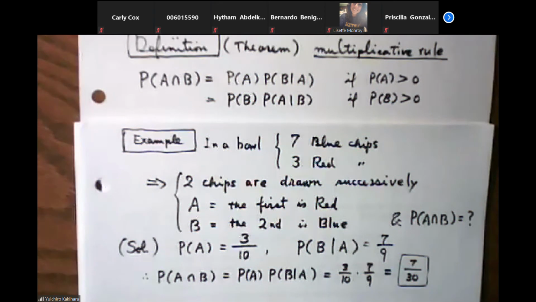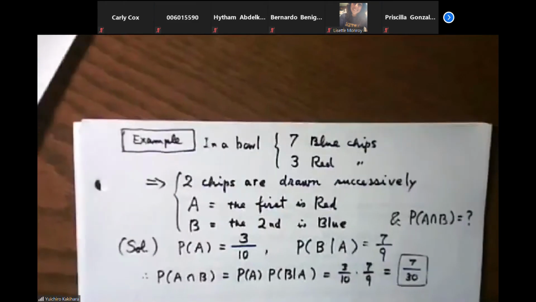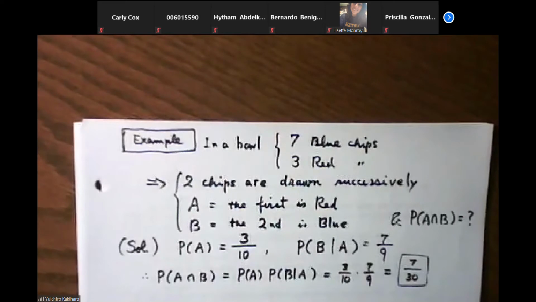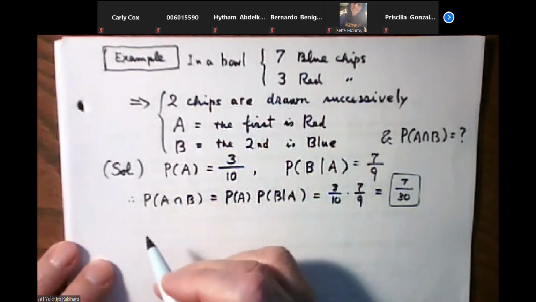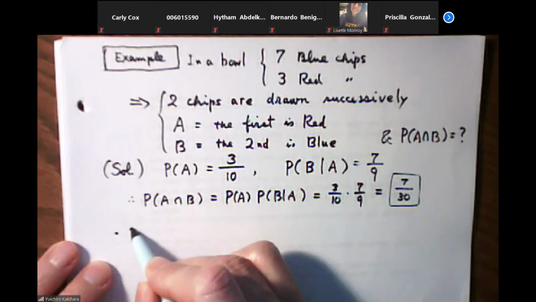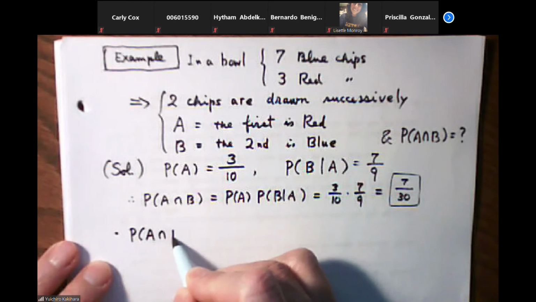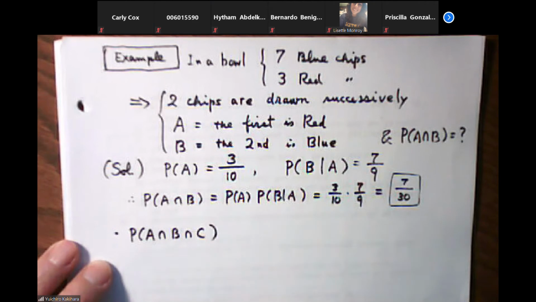We have 2 things. Now, what about 3 things? So let's consider it. Then we have to consider the intersection of 3 events, right? And then write this as a product of regular probability and then conditional probability.